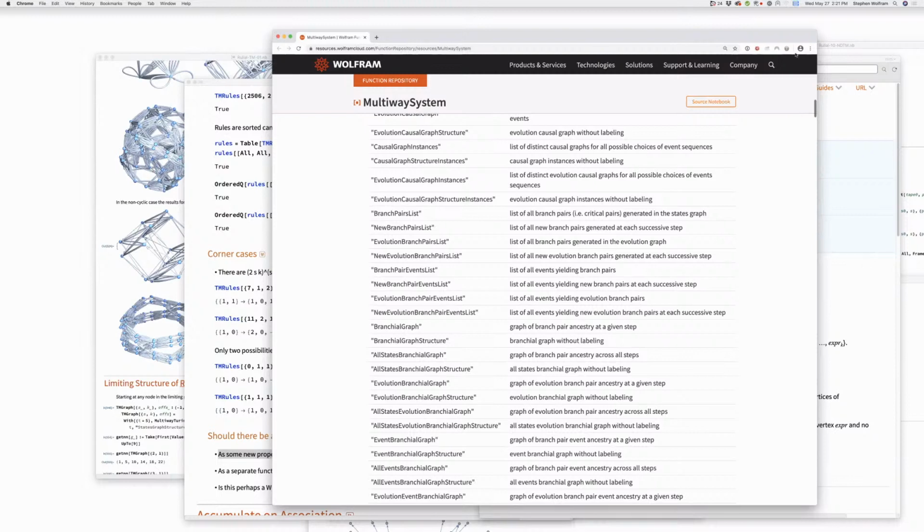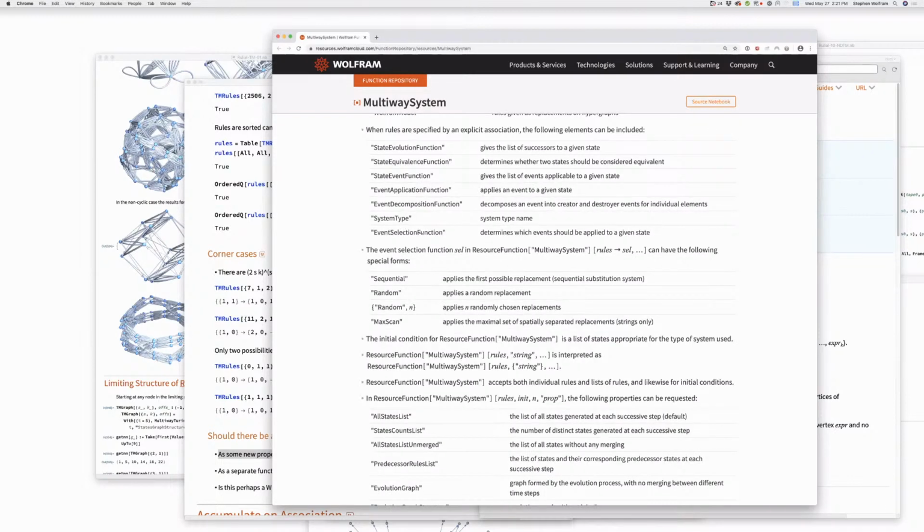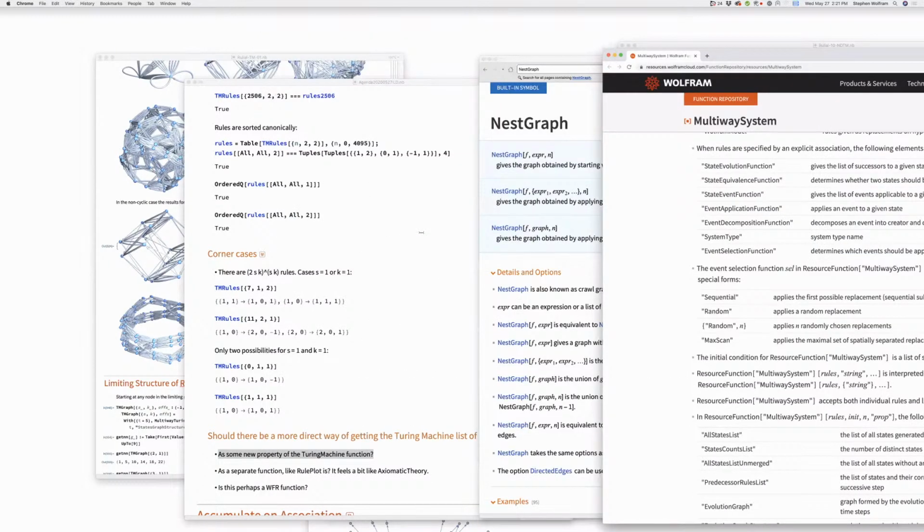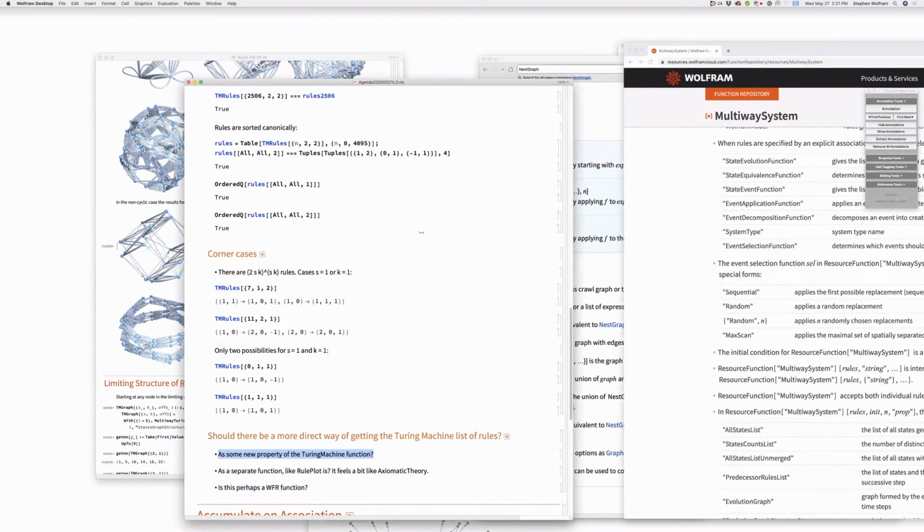Okay, anyway, going back to TuringMachine, then we're going to come back to the echo functions. So this was Turing machines with one state or one color. Are you saying that it's not obvious what we do in those cases? No. I'm saying that the algorithm that generates the rules works for those cases.